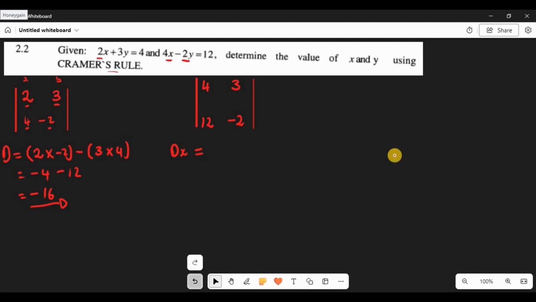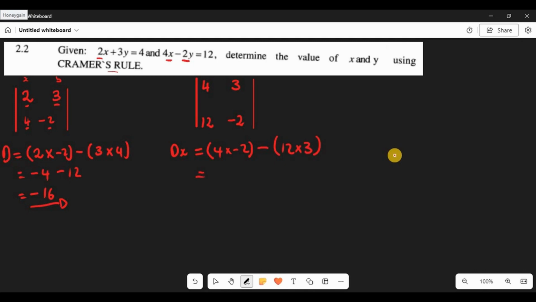All right, so let's do it. Let's multiply 4 multiplied by negative 2. Then you say minus, and then you're gonna multiply this term with that term there. So let's do it. It's gonna be 12 multiplied by 3. All right, so you continue here, you get your answer.